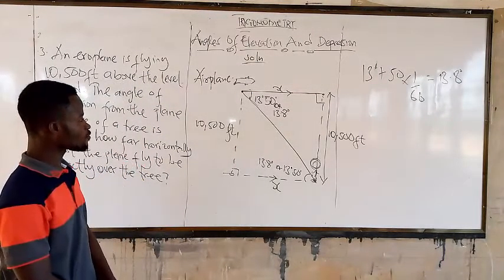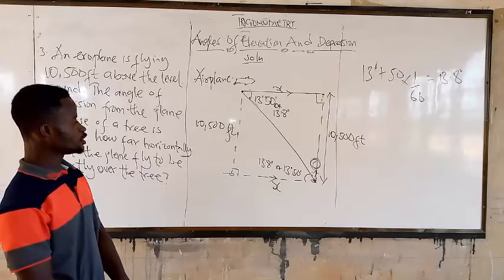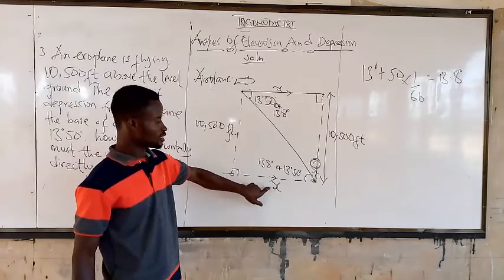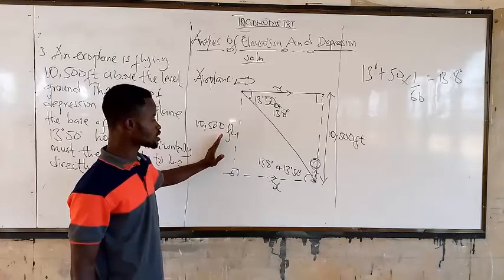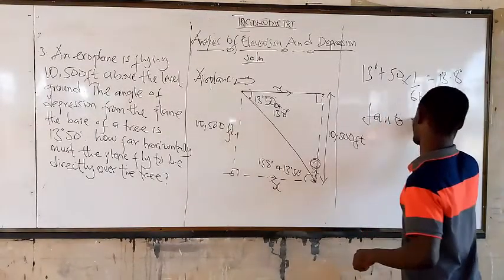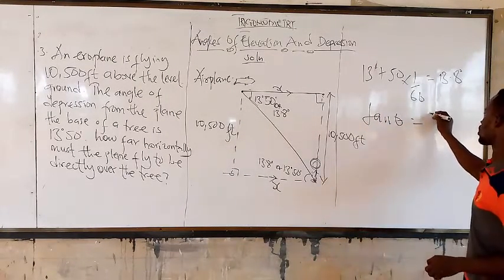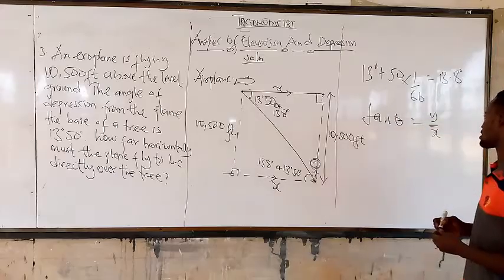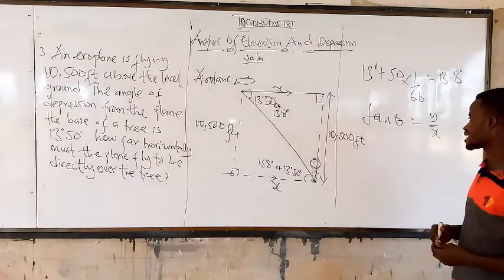Now this is what we have. So what can we do to find this distance x? We know the opposite, so let's go for tan. Simply tan theta is going to be equal to the opposite over the adjacent.